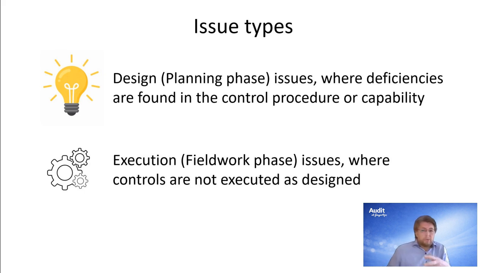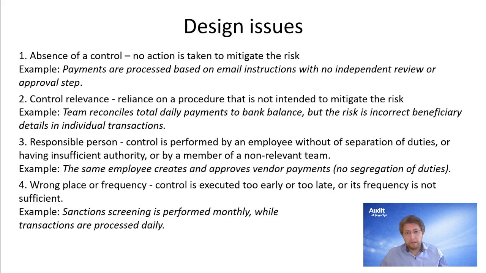Therefore, the first one is about deficiencies or flaws we find in the control procedure, while the second type relates to the situations when the design of the control is fine, but the execution, the control implementation, is not following the design. Because the design issues originate from design assessment, their structure mirrors the questions that were asked during the assessment of the controls.